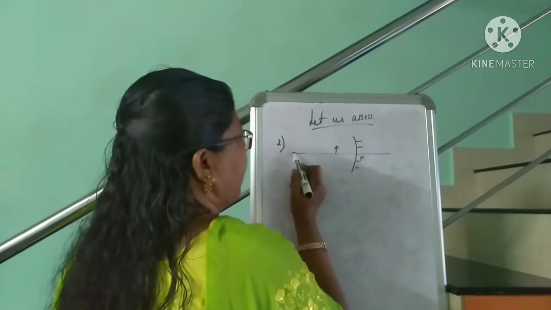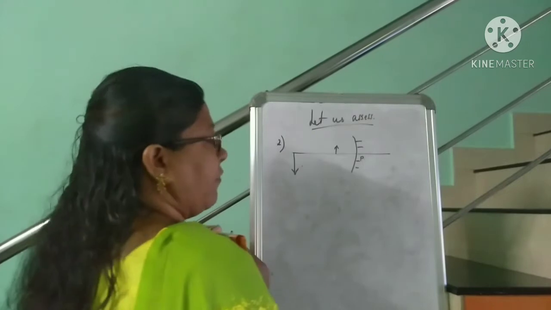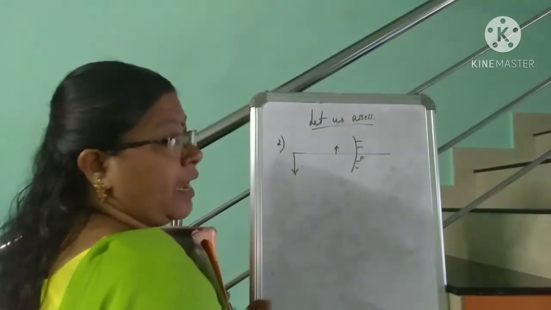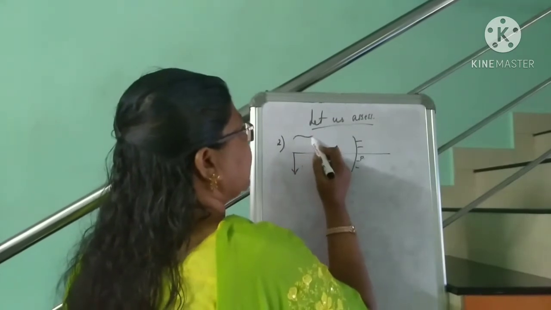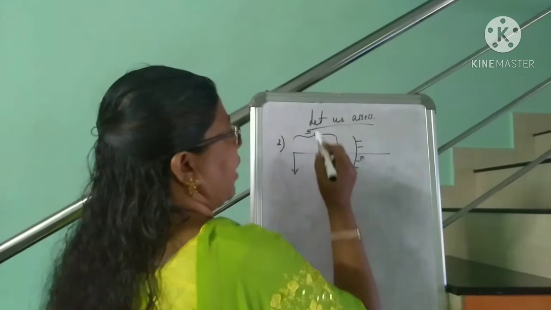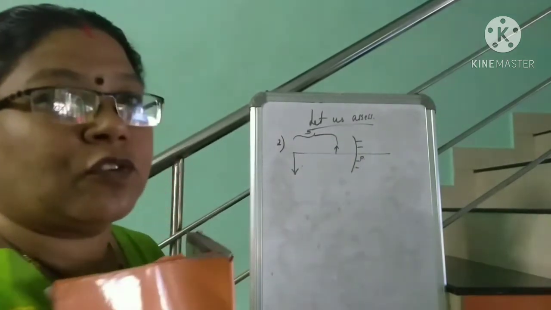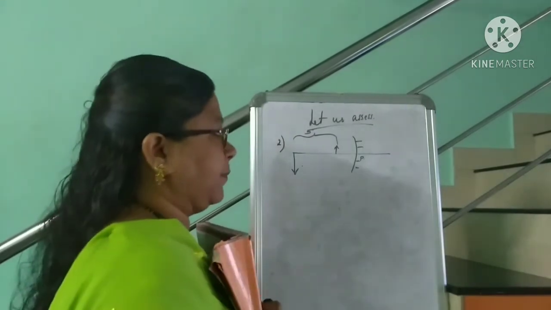Magnified 5 times means it is an inverted and enlarged image. And moreover, one more thing is given: the distance between the mirror and the image is 5. It is also given. So this is the rough diagram of the question.